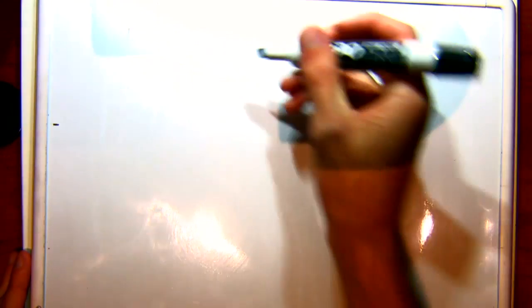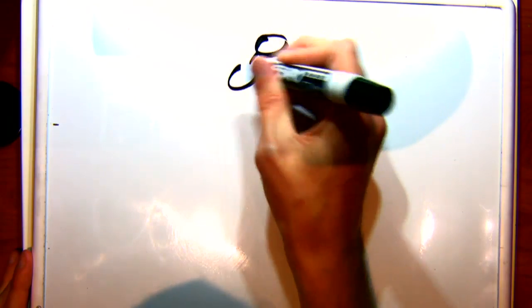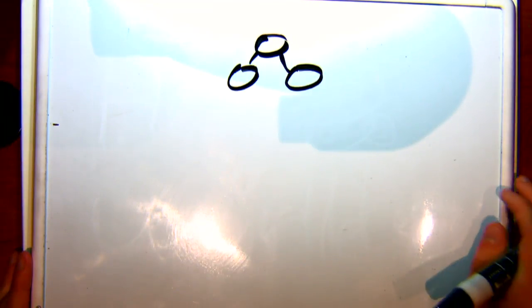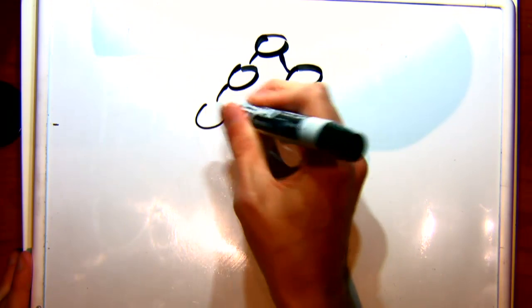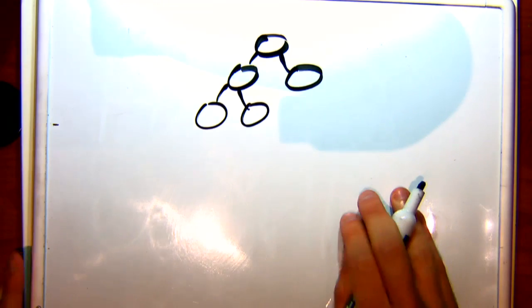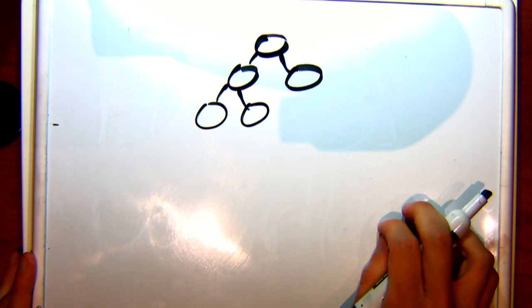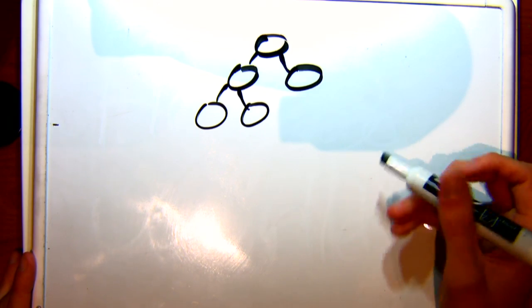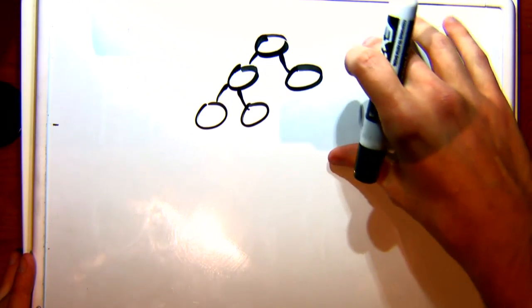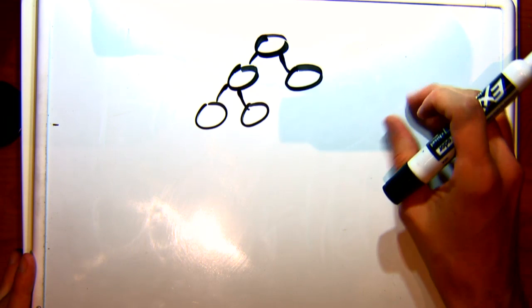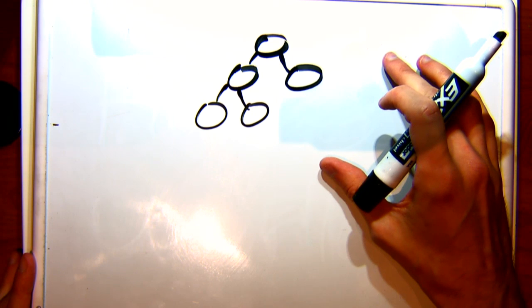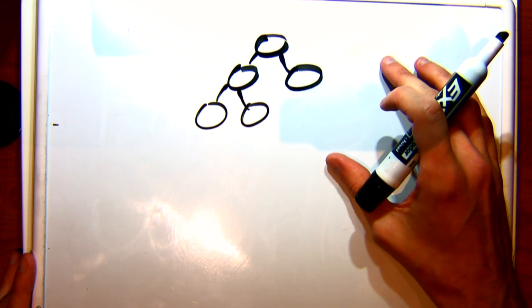So the best and worst case insertion into a binary search tree is dependent on that balancing. If a binary search tree is balanced, then the maximum depth that we have to go to insert a node into this tree is the height of the tree.